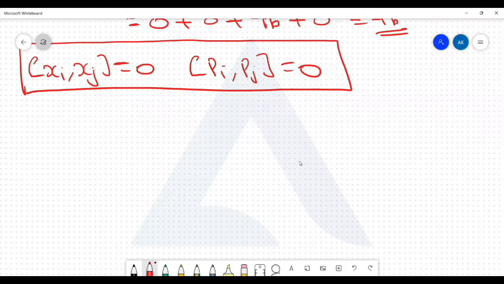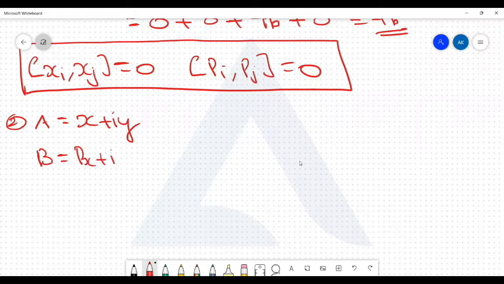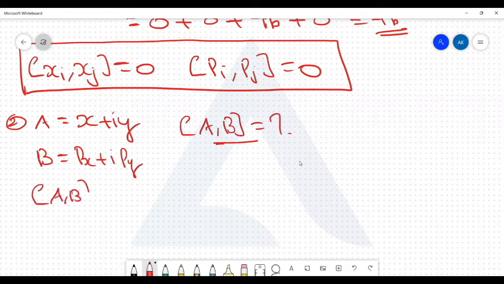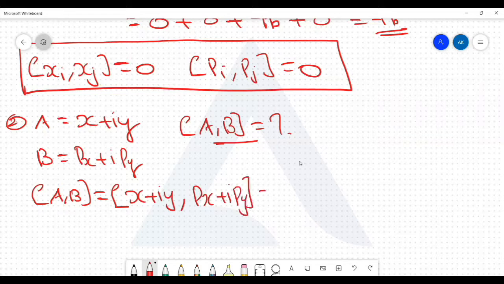Now next one, second question. Suppose a equal to x plus iy and b equal to px plus ipy. The commutator of a, b as per definition is [x plus iy, px plus ipy]. You have to apply linearity.